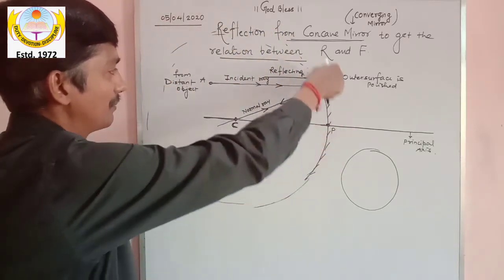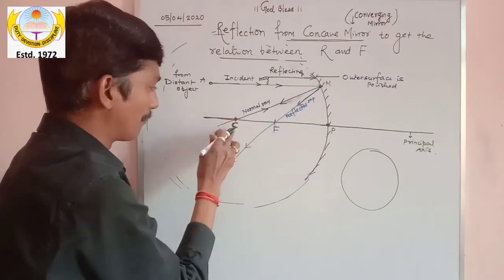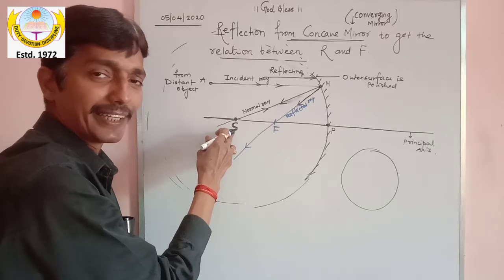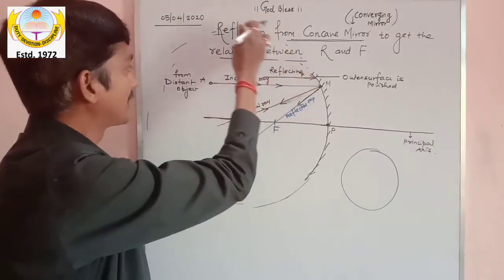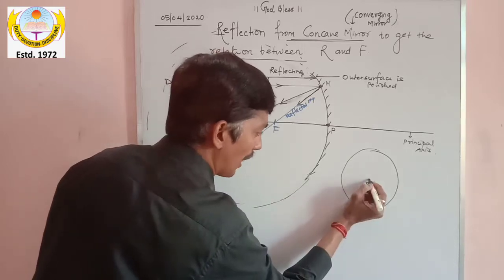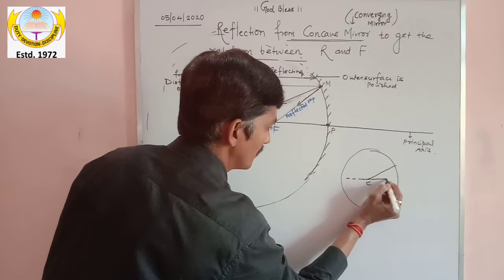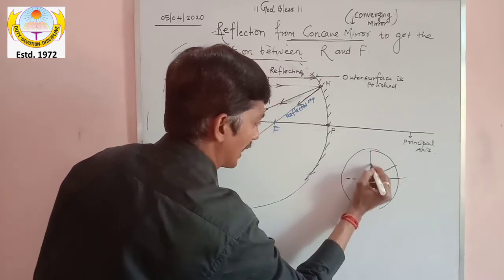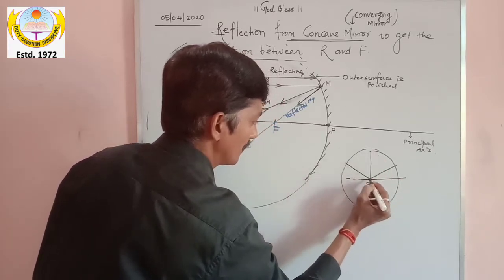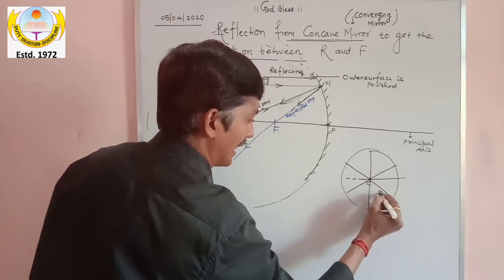I can see. Right? The mirror is a part. And this C which I have drawn here is actually the center of this sphere. Like this. So if I draw any line passing through this C, that line will become the radius.